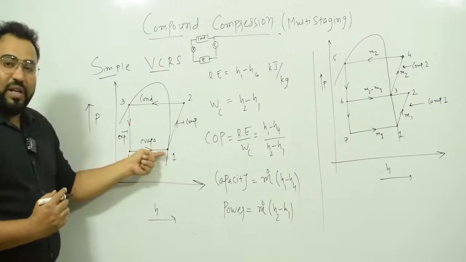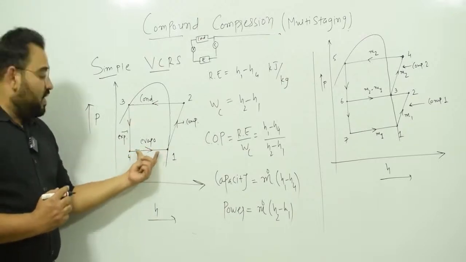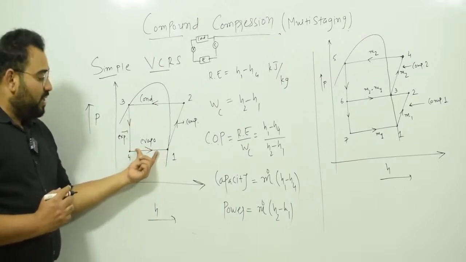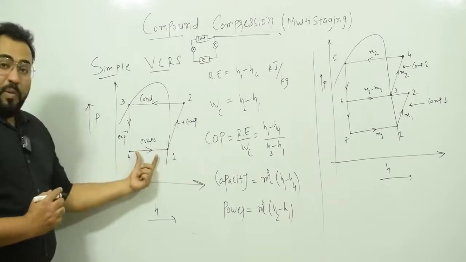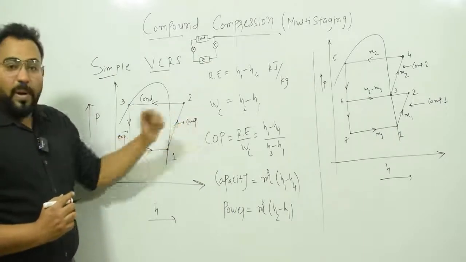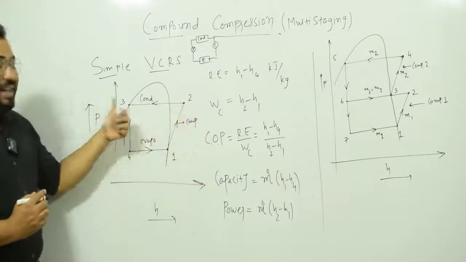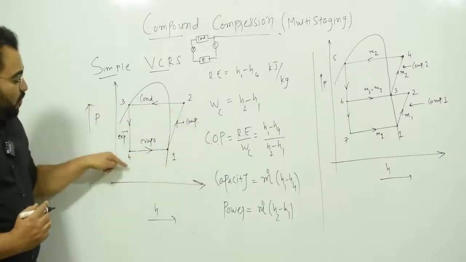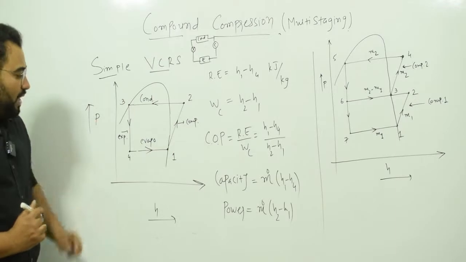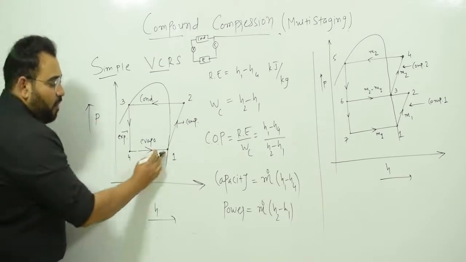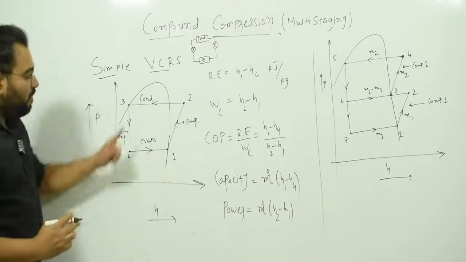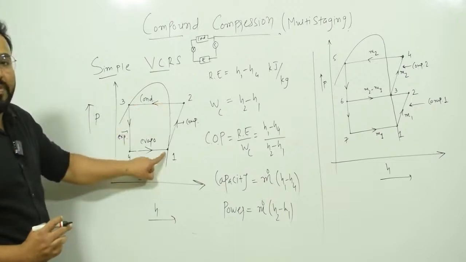4 to 1 evaporation is the refrigerating effect. Here we get the refrigerating effect because heat is absorbed in the evaporator. So 4 to 1 evaporation, 1 to 2 compression, 2 to 3 condensation, and 3 to 4 expansion, or you can say throttling. Now we know that point 1 is on the vapor line, so point 1 is 100% vapor.